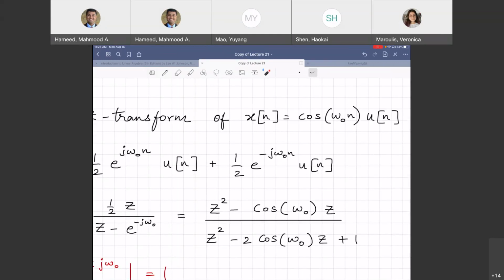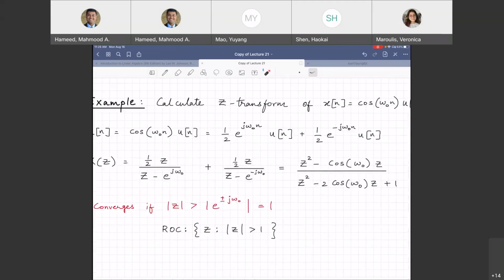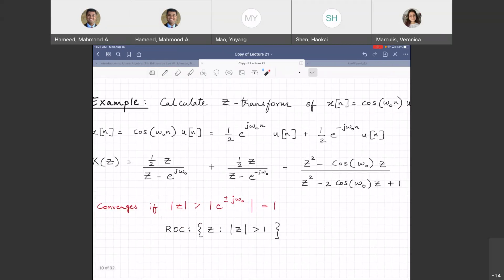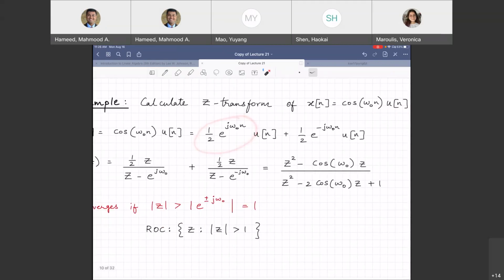I need to express it as a power of n. I will use Euler's identity, so I can write cosine omega naught n as half e to the j omega naught n plus half e to the minus j omega naught n. So I'm rewriting the signal as two pieces of the complex exponential, both getting multiplied by u of n from the original signal.